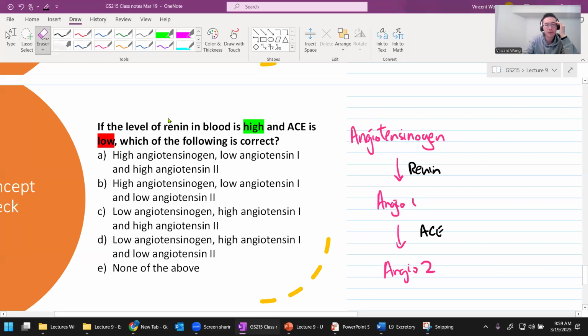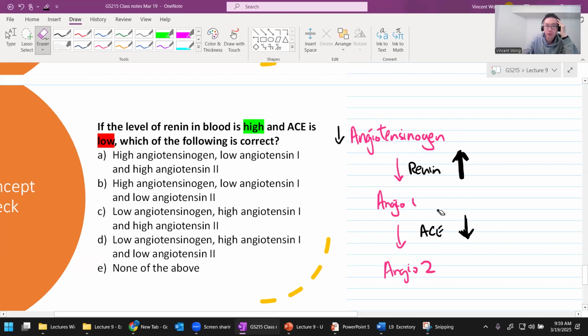Okay, so let's see what's going on here. It's saying we have high renin but low ACE. What's going to happen? Well, if we have high renin, then this first reaction is going to be okay. Angiotensinogen will be converted to angiotensin number 1, so we'll be using up the angiotensinogen. This is going to go down, and angiotensin number 1 is going to form.